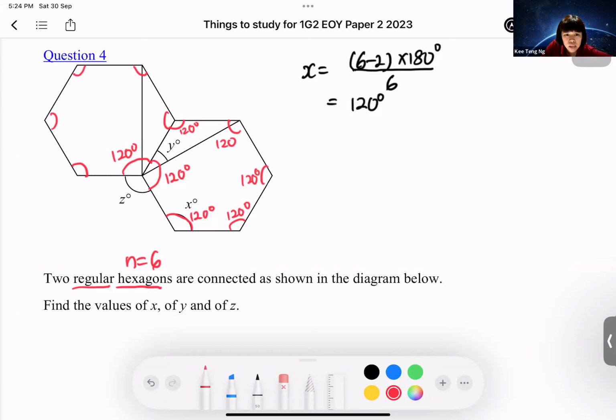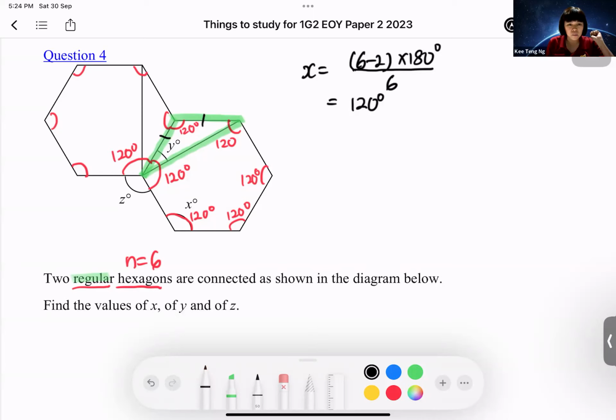All right, so now the question comes to the next part to find the value for y. Where is angle y? Angle y is down here, right? And we're going to look at this triangle. Now, somebody said just now about regular hexagons, regular polygons. What can you say about the length of the sides? When it's regular, the lengths of the different sides are the same, they are equal to each other.